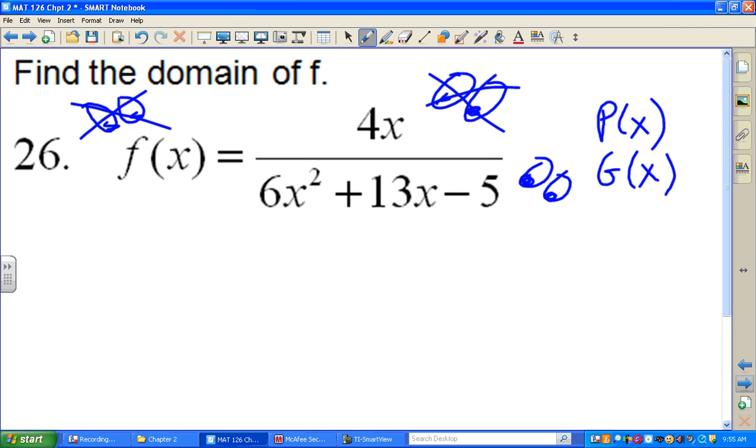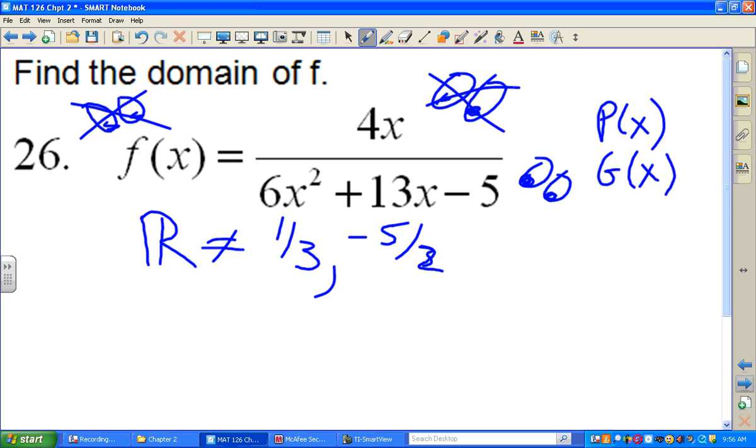That's a quadratic equation: 6x squared plus 13x minus 5. What does this tell you if you put in 6, 13, and negative 5? 0.3 repeating is what? 1/3 and negative 5 halves.